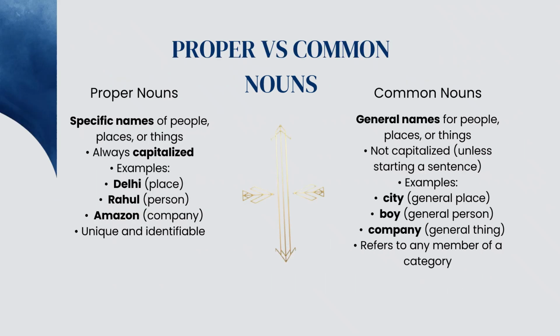Proper versus common nouns. Let's start with this. Proper nouns are specific names. Example: Rahul, India, Delhi. Common nouns are general. Example: boy, country, city. Now notice the difference.